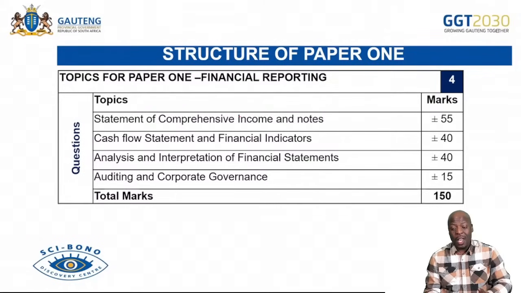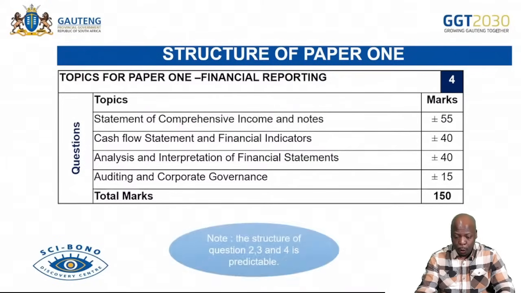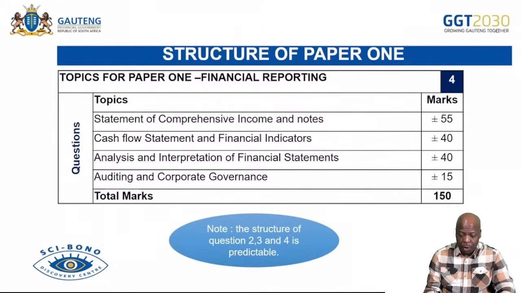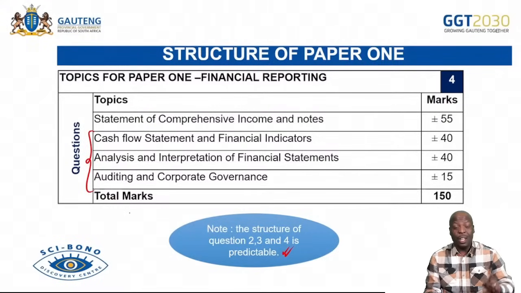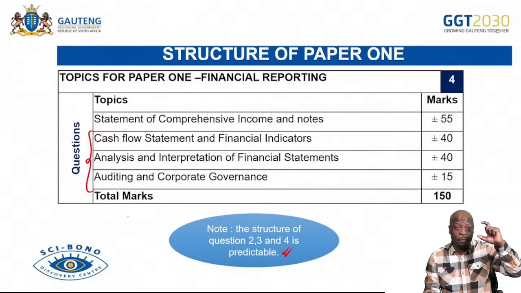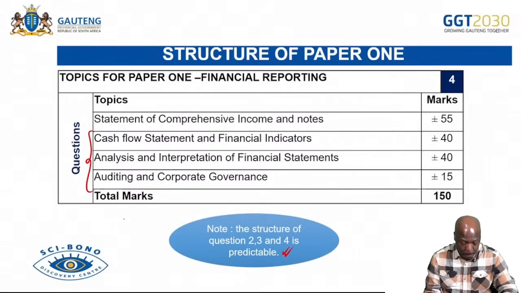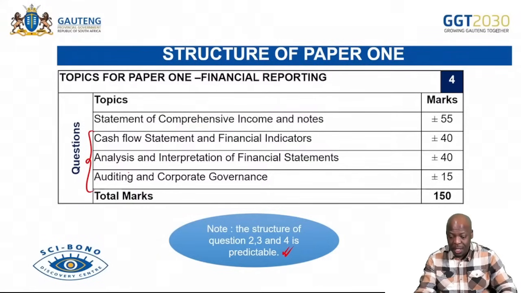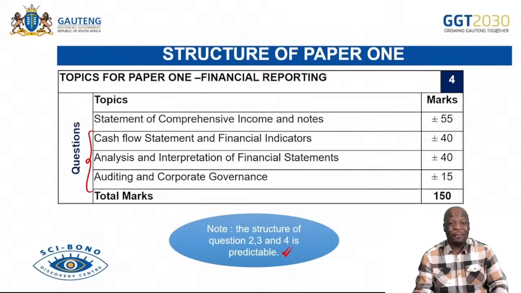So we have looked at these options, which are about 4 options. The structure of question 2 and 3 is predictable. In other words, here we have kept it constant. What was changing is that very first part alone. So this was option number 4.